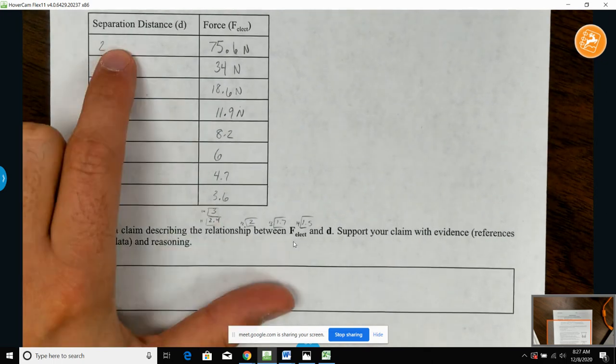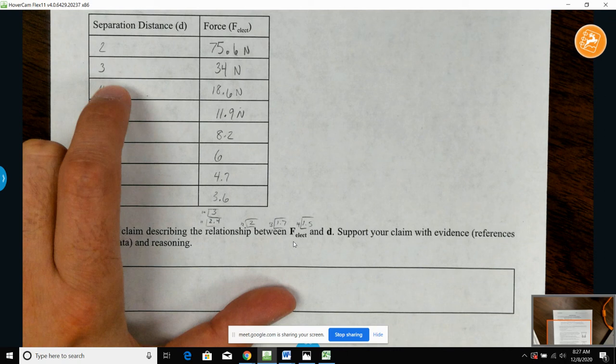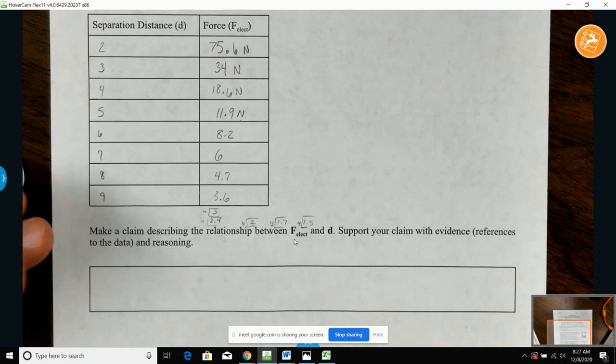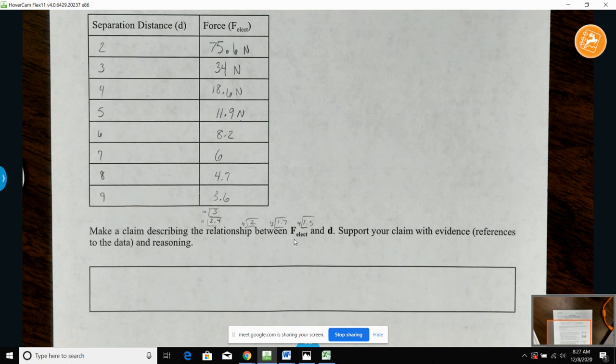As one of them went up, what happened to the other value? It went down. So you're definitely looking at an inverse relationship based upon your evidence. And you can explain that as the separation distance increases, the force decreases.